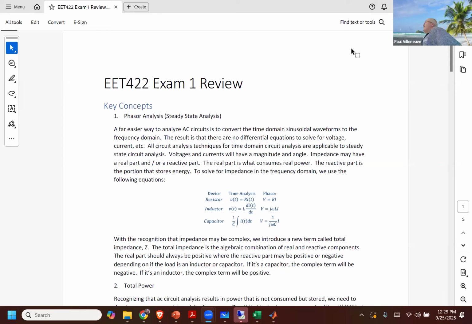So in this class, we do everything from a steady state analysis perspective, meaning everything is going to be averaged values over one cycle. And when we do that, it massively simplifies our work because we no longer have to worry about looking at resistors, inductors, and capacitors and having to solve differential equations to solve for voltages and currents.